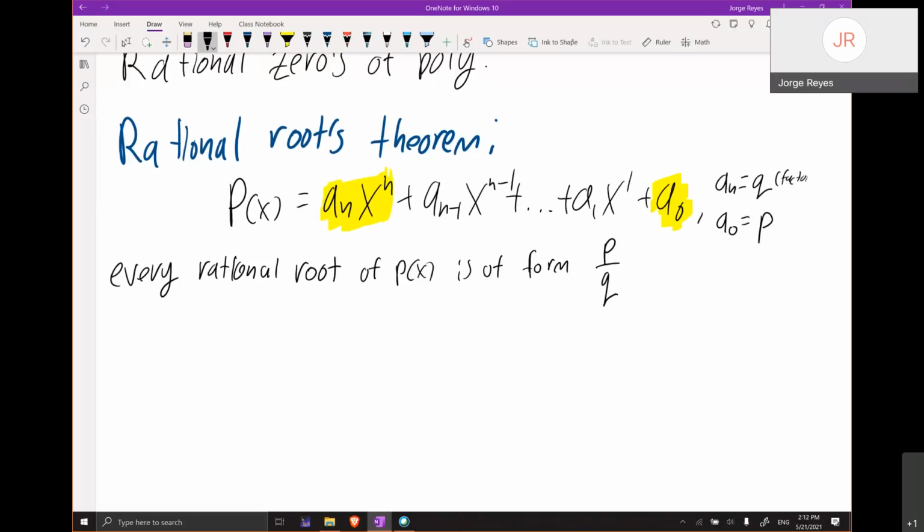And we mean all of the factors, okay? So we're going to use this idea to know what to guess, okay?